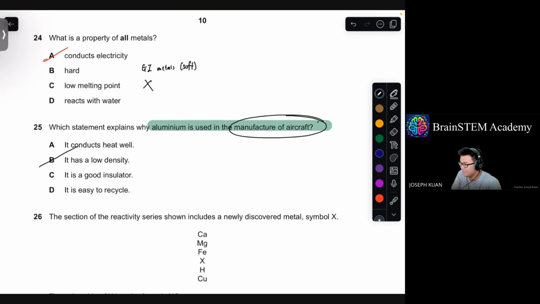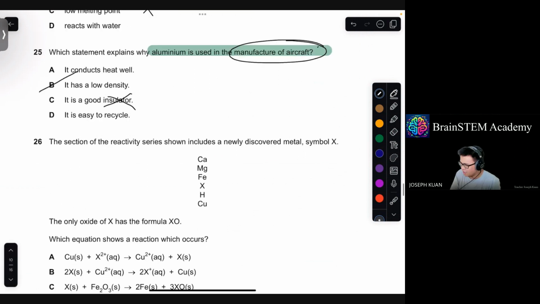Because it's light, so in terms of lifting the airplane, it's easier. So the answer is B. Aluminium is not exactly a good insulator, and it is easy to recycle, but that depends on context. It is recyclable, but not exactly related to the manufacture of aircraft.